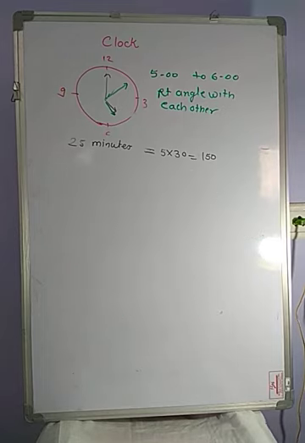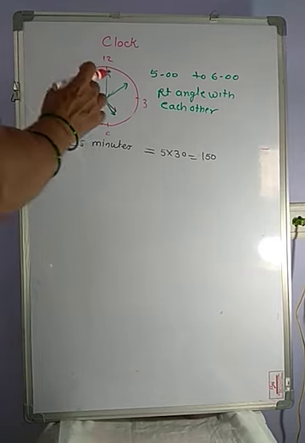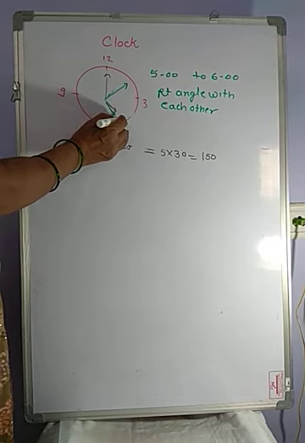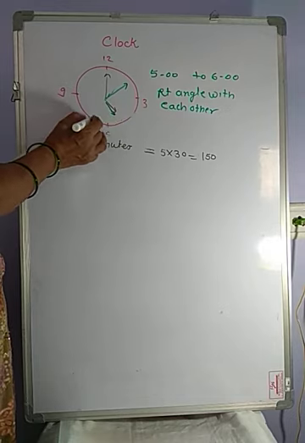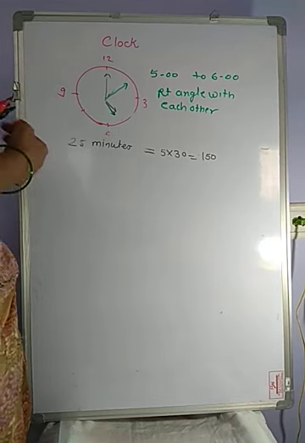Is there only one time that it will make a 90 degree angle with our hand? There will be another time also where it makes 90 degrees with our hand. Now here, we suppose that our hand is exactly at 5. Then we have to move 3 digits ahead to find the other 90 degree angle.